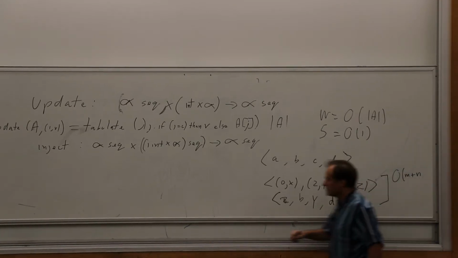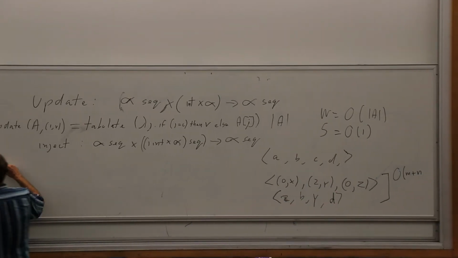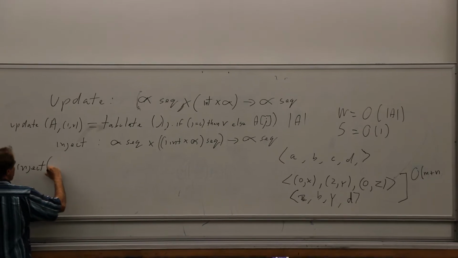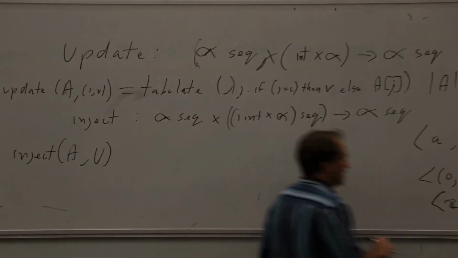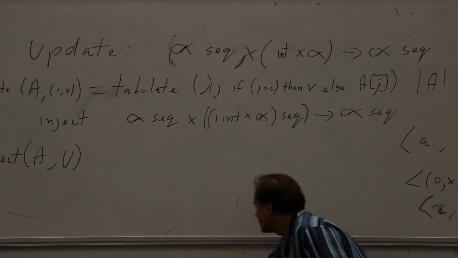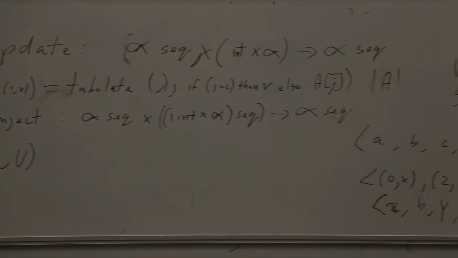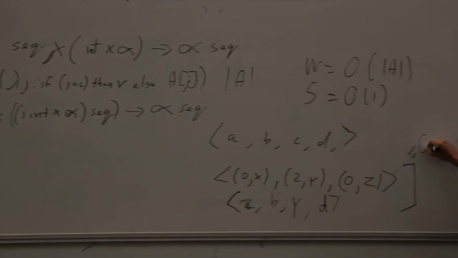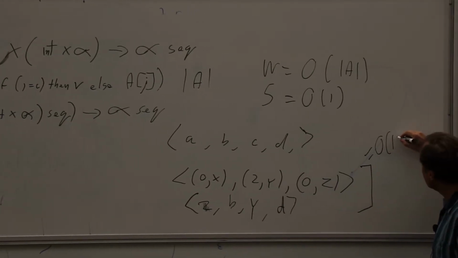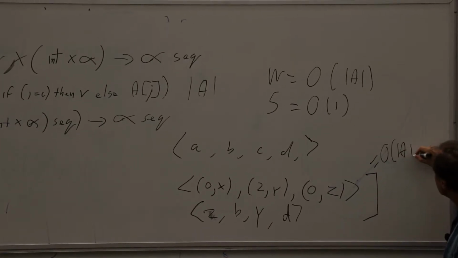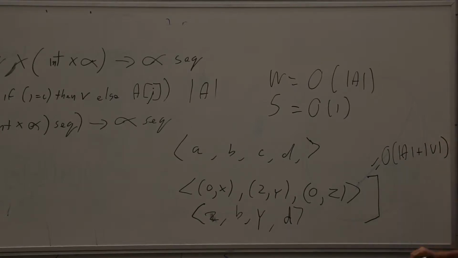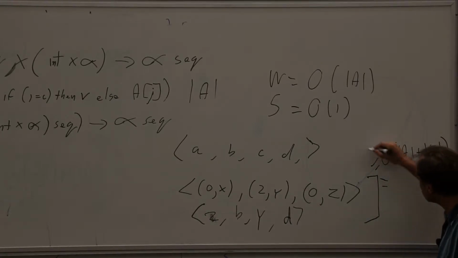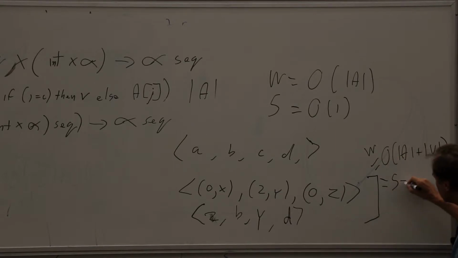Let me write inject takes a and a bunch of updates. So the work equals order the size of a plus the size of the updates, and the span equals order log n.